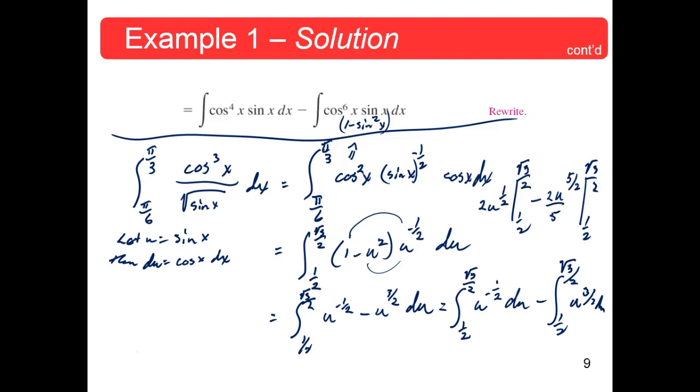Now, frankly, it was a little messy with the calculus, but not too bad. Pretty straightforward. Doing the calculations really stinks. Let's see if we can get them done. This will be 2 times the square root of the square root of 3 over the square root of 2, right?